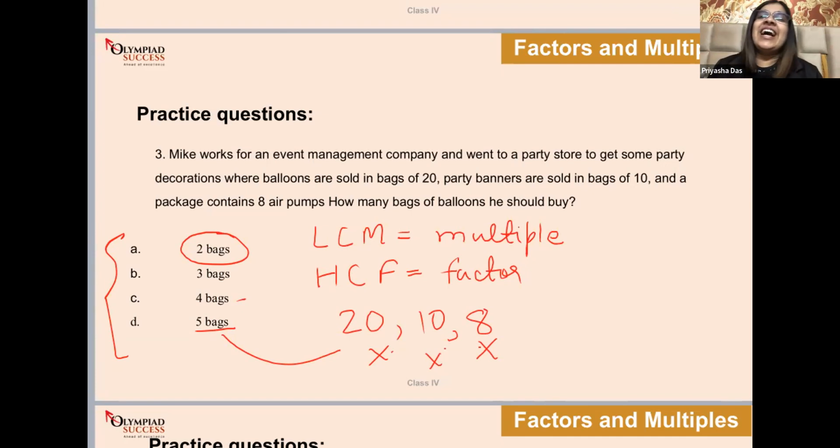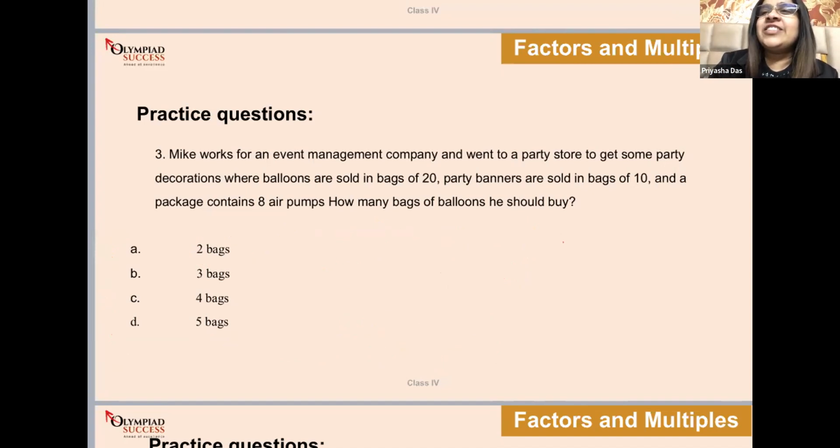So that makes the answer option A. We can pack the things into two bags each. So balloons will also go two, party banners will also go two, like that. Understood? Great. Perfect. Any doubts, any questions?